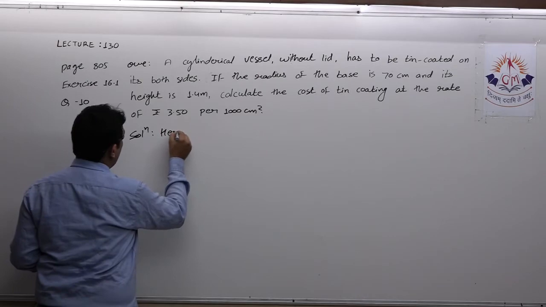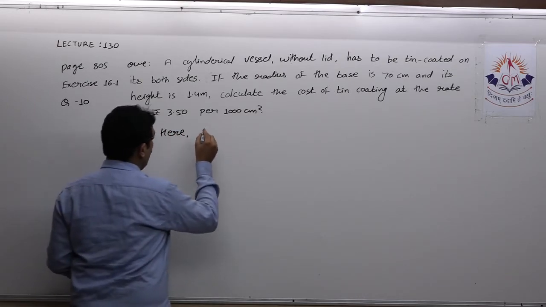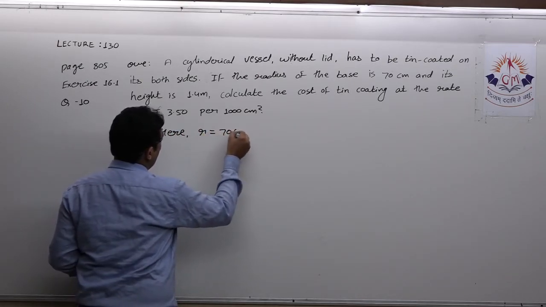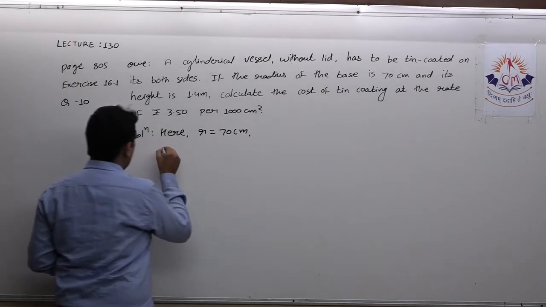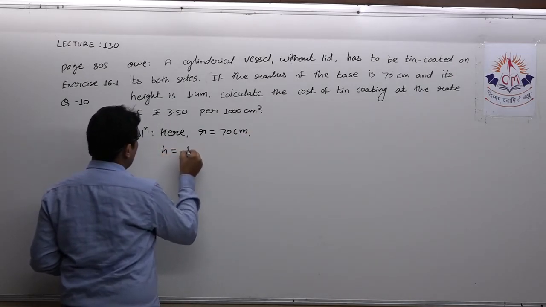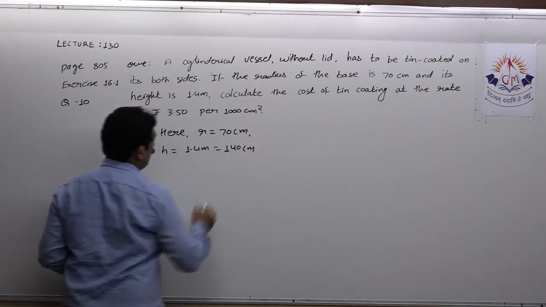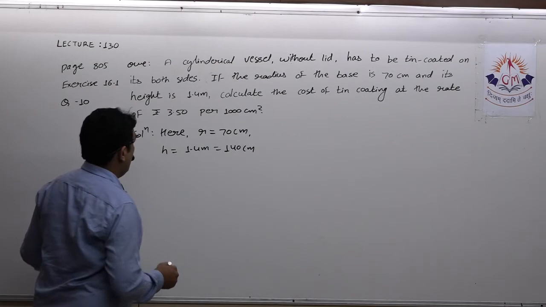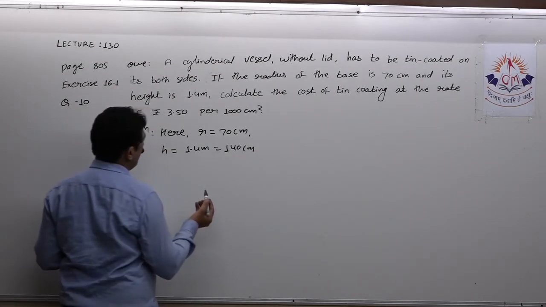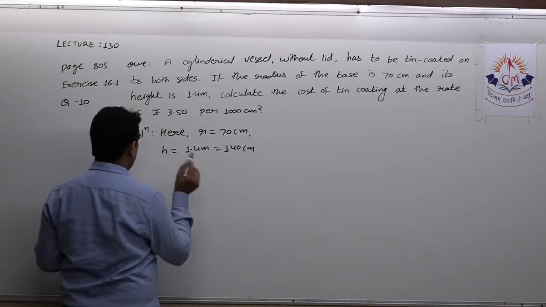So here, first thing that we have is radius is 70 centimeter, then we have height, that is 1.4 meter, that is 140 centimeter. Okay, and cost rupees 3.5 per 1000 centimeter square.